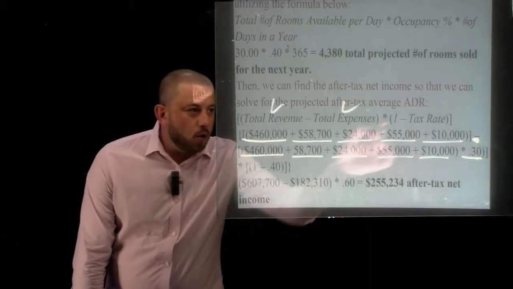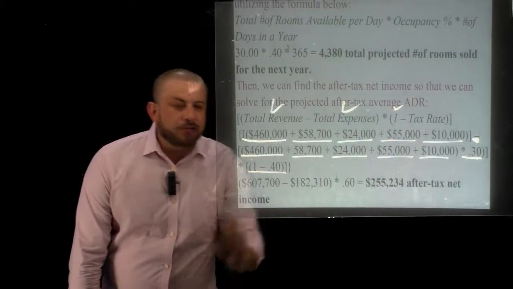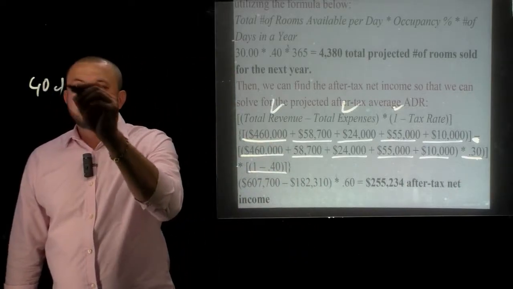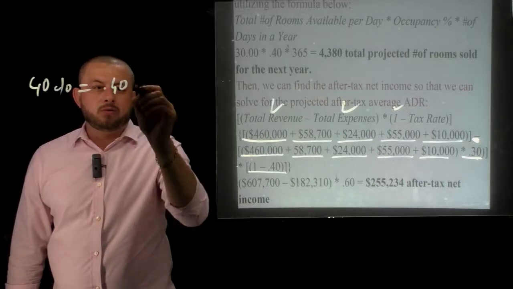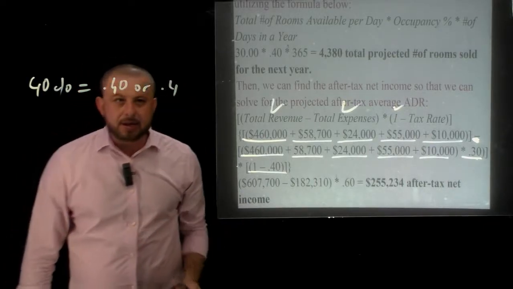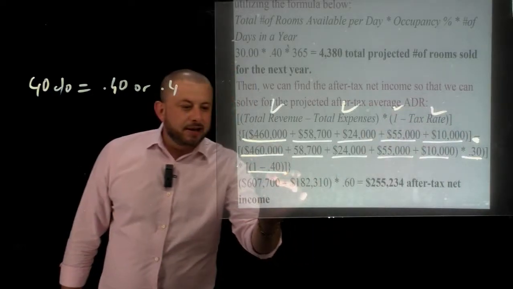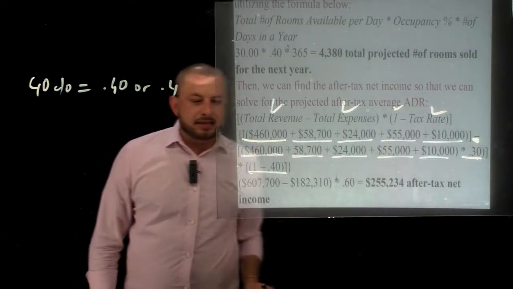Multiply by 1 minus 0.4. 40% is equal to 0.40 or 0.4, the same thing, okay guys? So I can finalize my net income equation just like this.